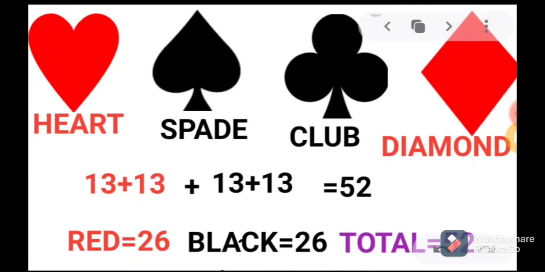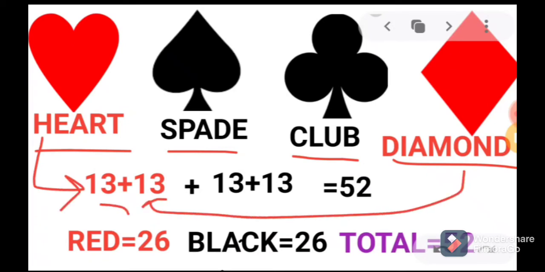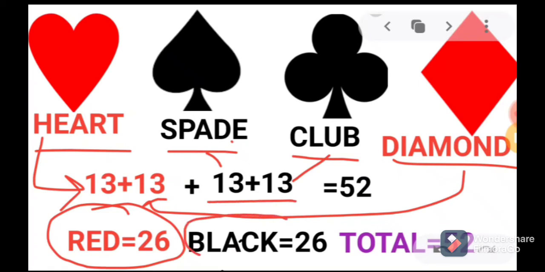The four types are heart, spade, club and diamond. 13 are hearts and 13 are diamonds, so there are 26 red cards in the pack, and 13 spades and 13 clubs, so there are 26 black cards.